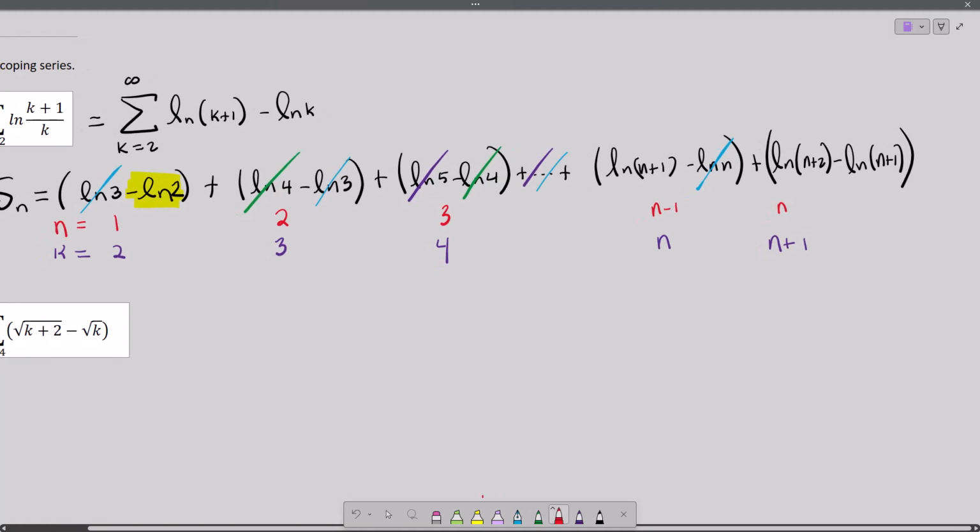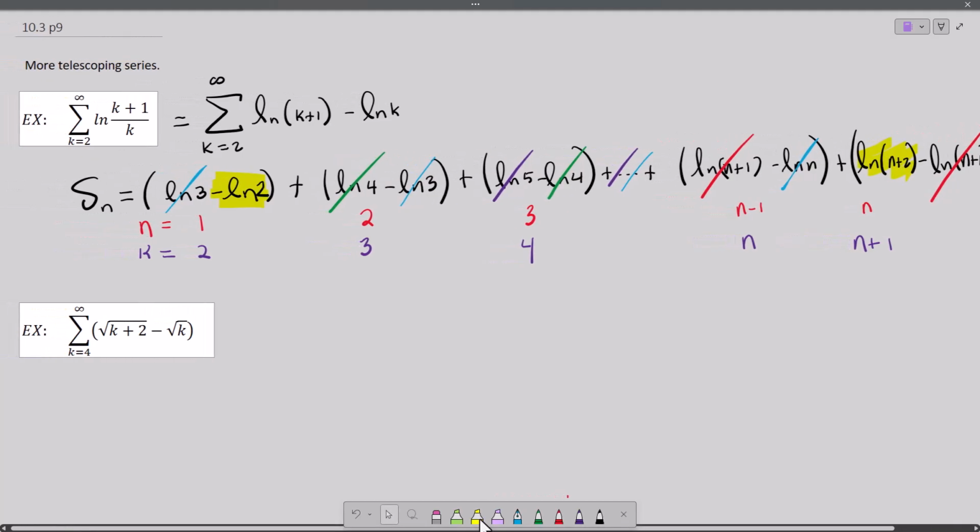Same thing here. The second part is going to cancel with the first part of the prior, which is right there. So the only non-canceling term is that. So this tells us then that we can write the formula for S sub n now.